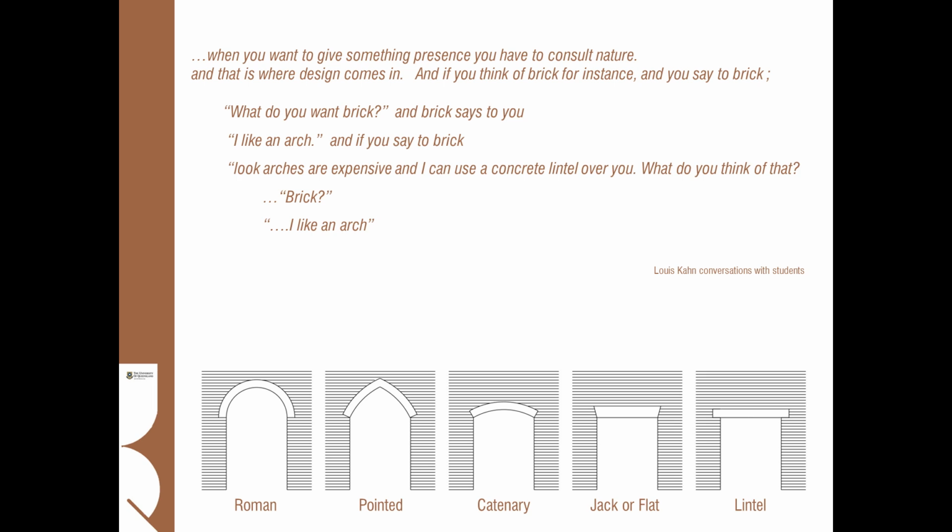So from traditional Roman, pointed, and, as we discussed in an earlier workshop, catenary arches, and even more contemporary expressions of the arch such as a jack arch, which uses friction and the shape of the bricks to make an arch-like structure, although it is flat.